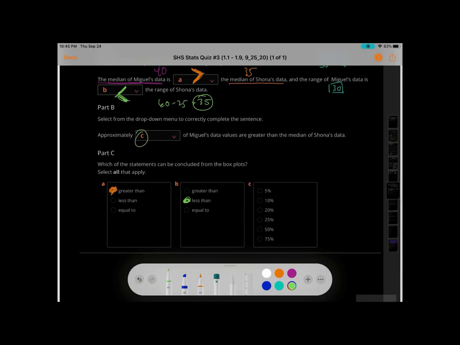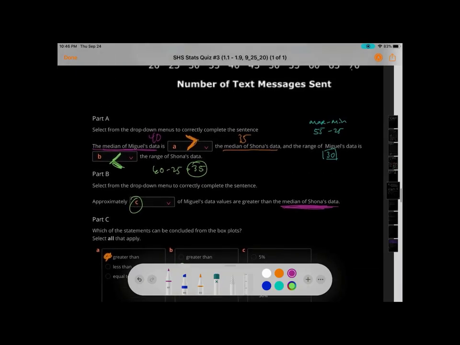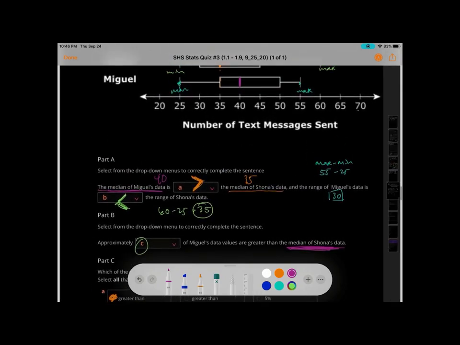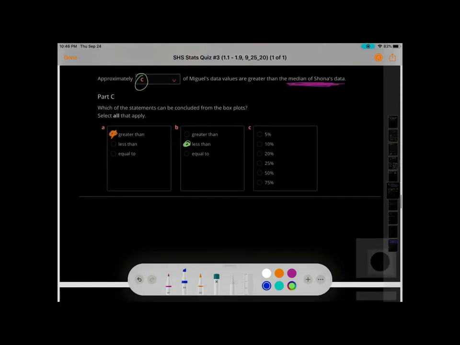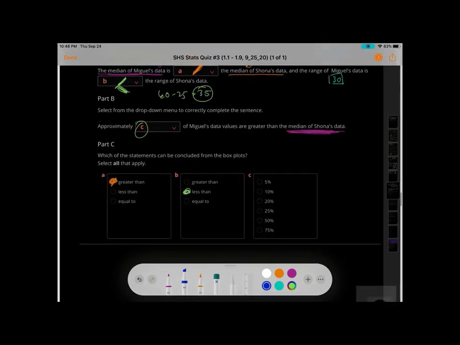So let's figure out the median of Shona. Median is right here. Okay, let's make this super obvious. So I'm drawing that line and I'm comparing. And the question says, approximately blank percentage of Miguel's data is greater.